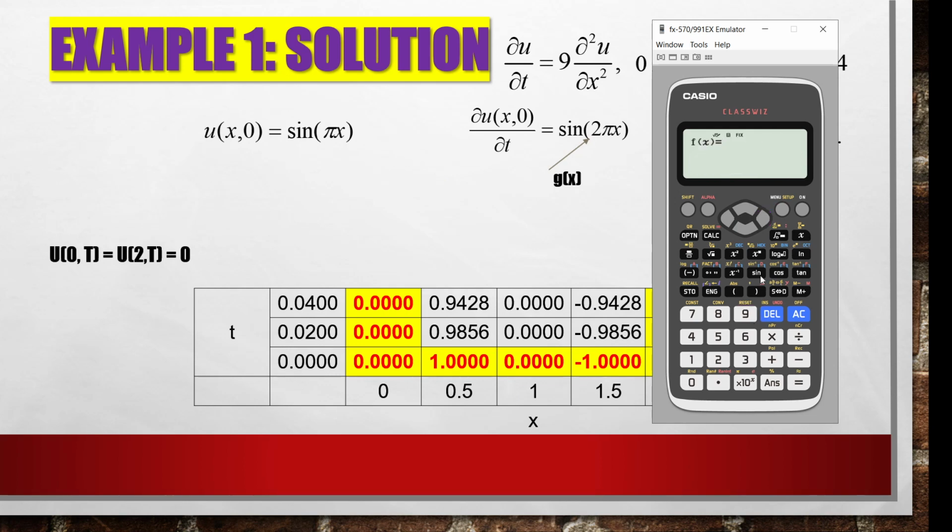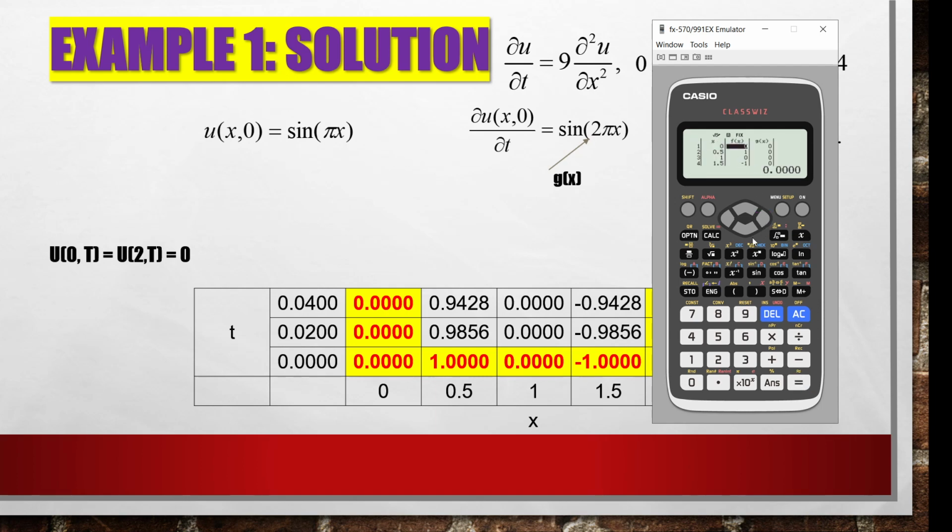Sin of g(x), starting from 0, ending at 2, step is 0.5.